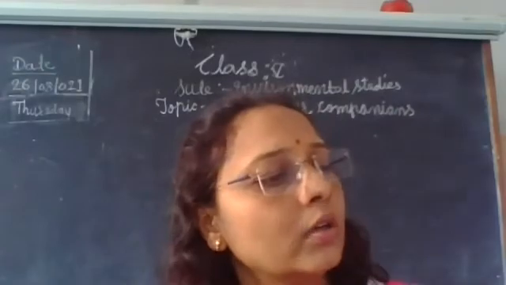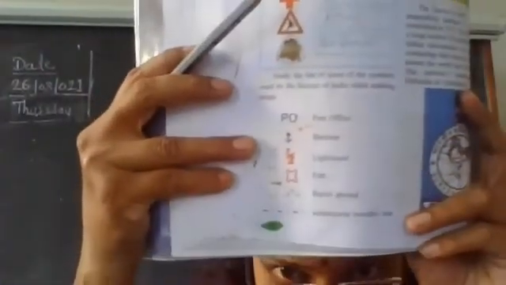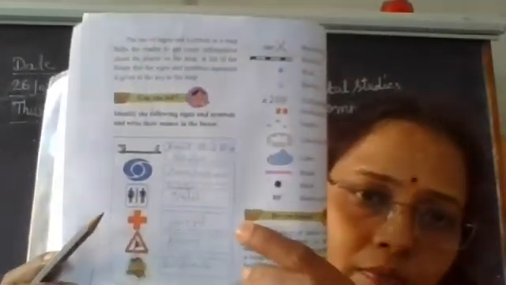This symbol is for school. In front of a school on the road, this symbol is given to show that there is a school ahead. A boy is running. Then another, a girl and boy both reading a book, is the symbol for Bal Bharati, the publication.